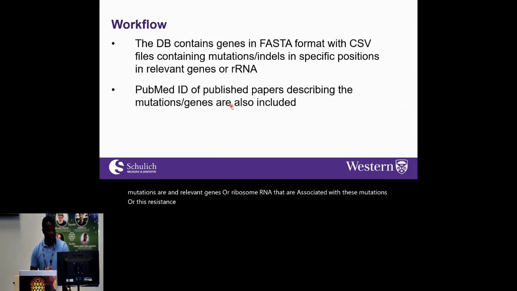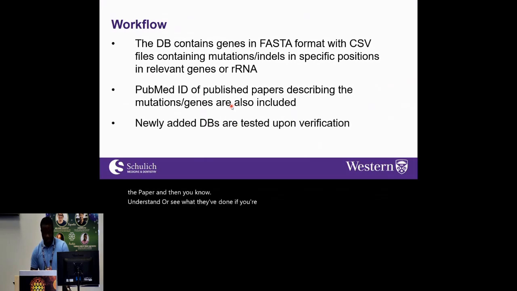And we also have the PubMed IDs of the papers that have done this work, so that for those who identified these mutations, you can go back to read the paper and see what they've done if you're interested. And newly added genes and mutations are also verified upon addition to the database.